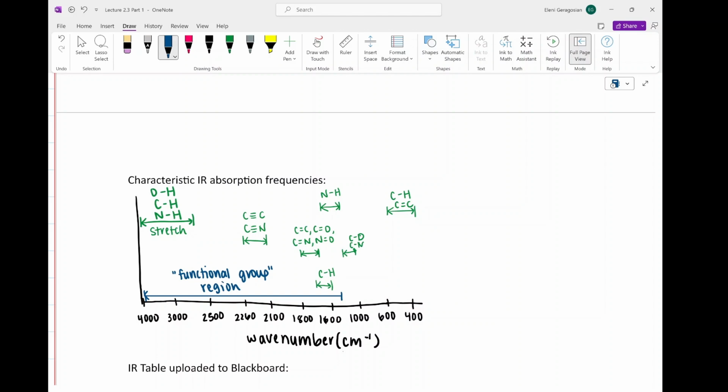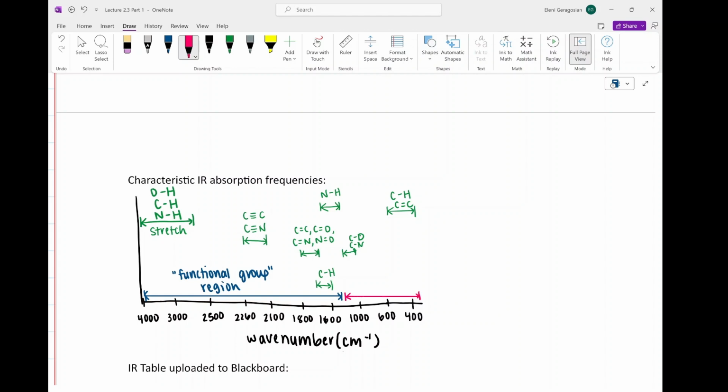This is where we'll focus most of the analysis, because this region has a lot more informative peaks than the other region, which we will call the fingerprint region, which is approximately less than 1500.